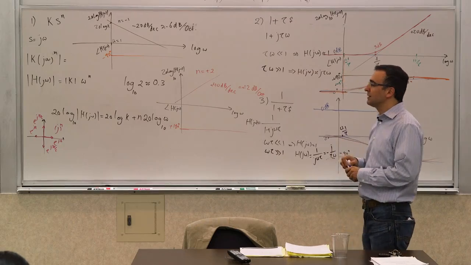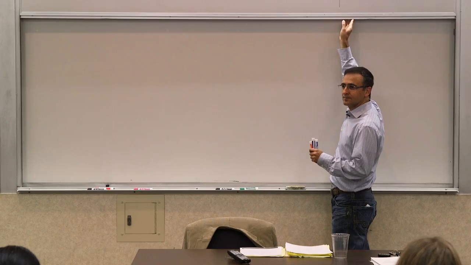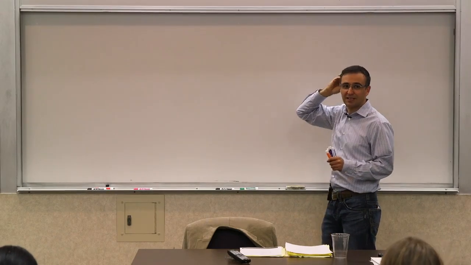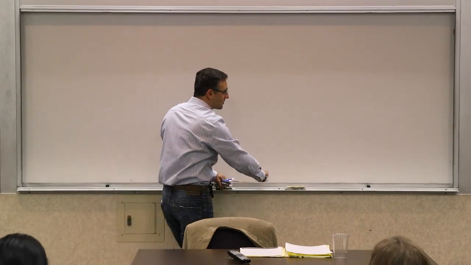So if you use all these, just what we have so far, let's do a couple examples. And then we'll see that we need something else. We need to develop one more thing. So let's put our examples on the other side for now.